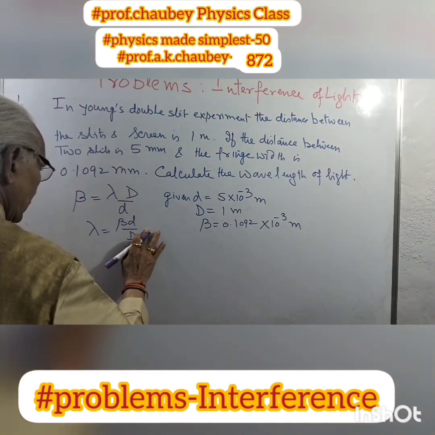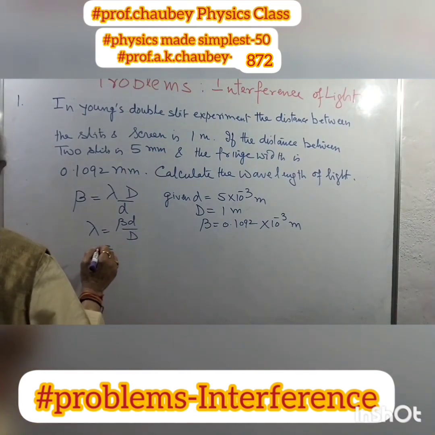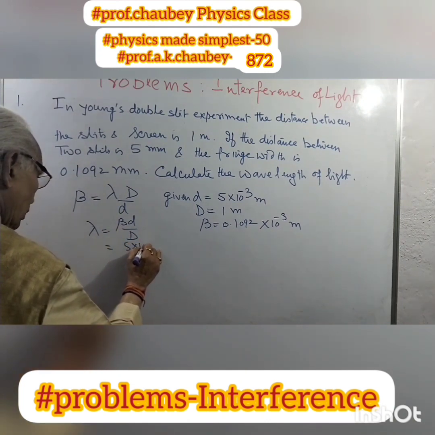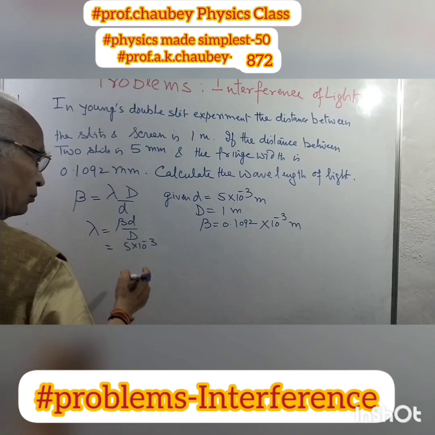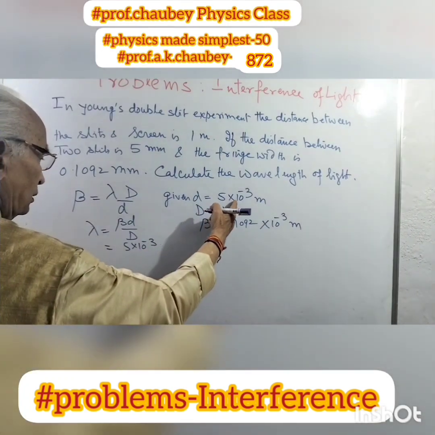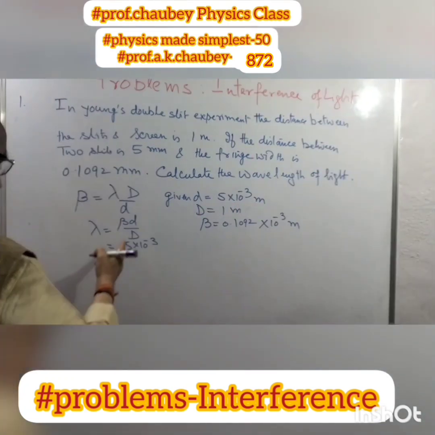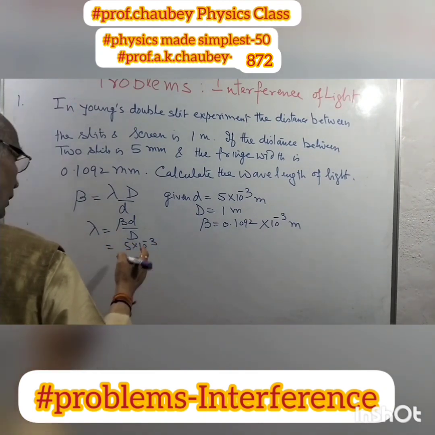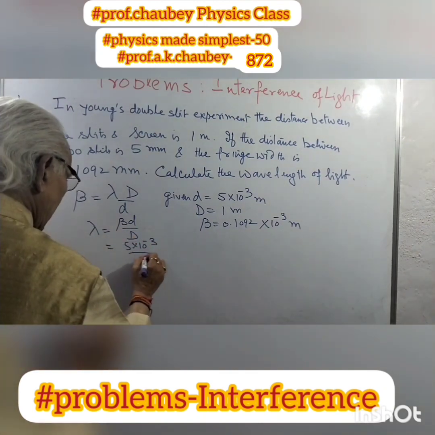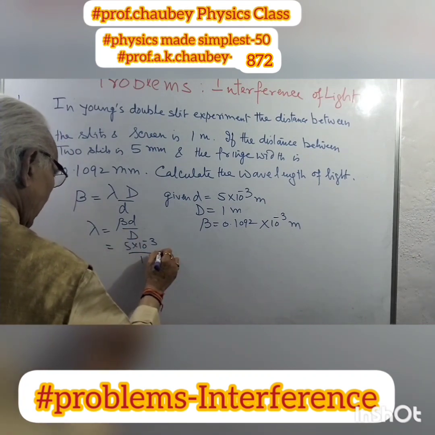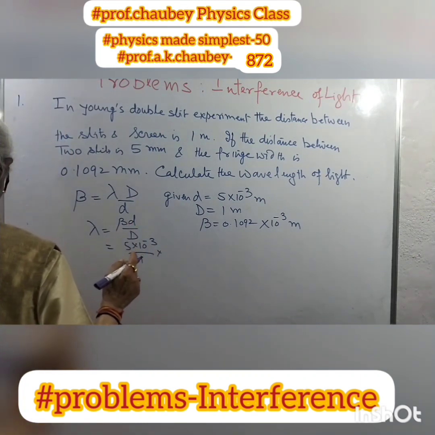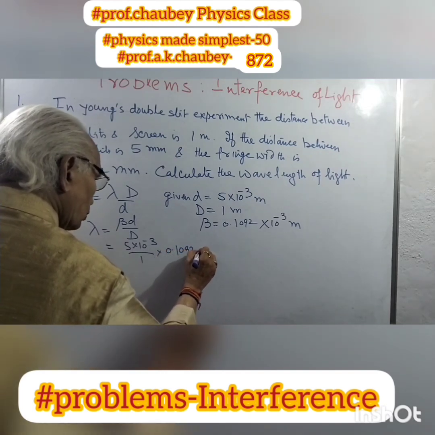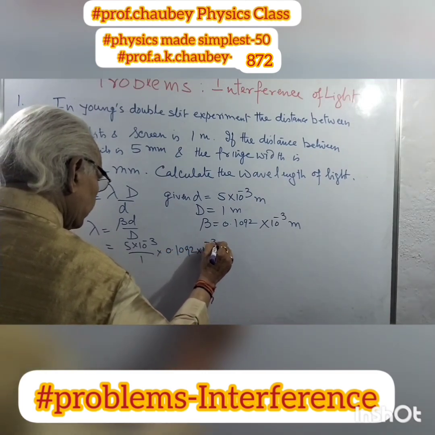So just substitute the values and find lambda. Lambda is equal to 5 into 10 to the power minus 3 for small d, and beta is 0.1092 into 10 to the power minus 3, divided by capital D, that is 1 meter.